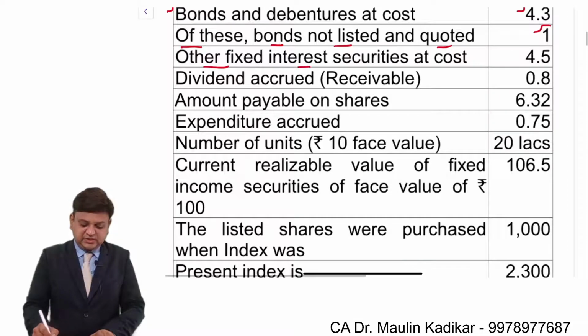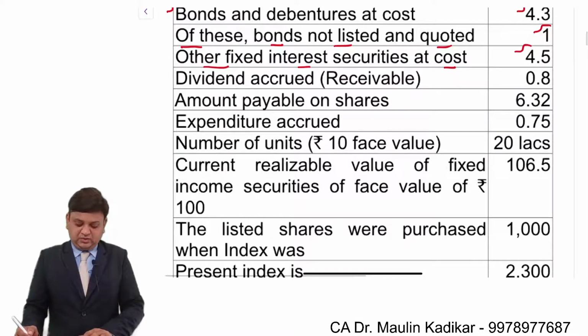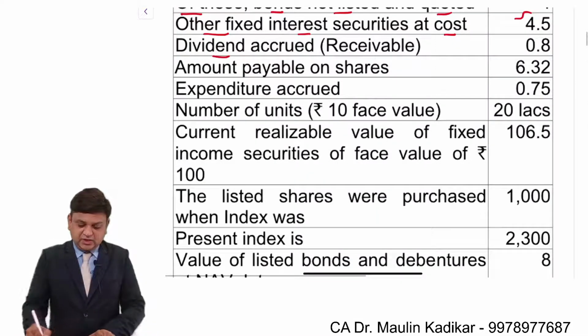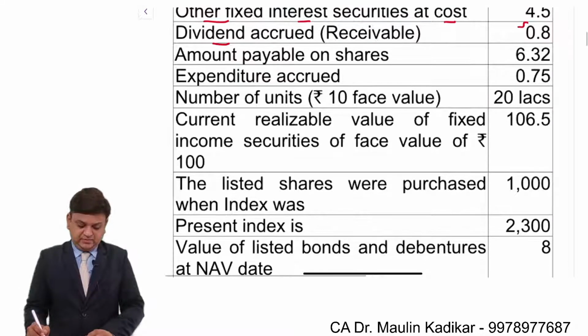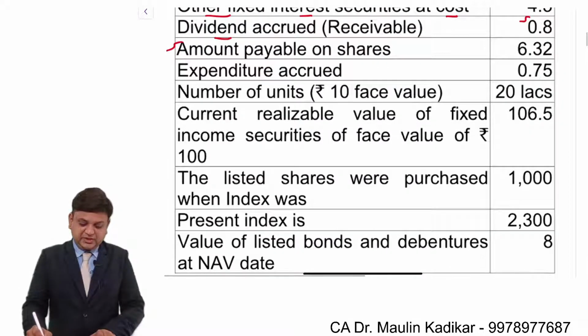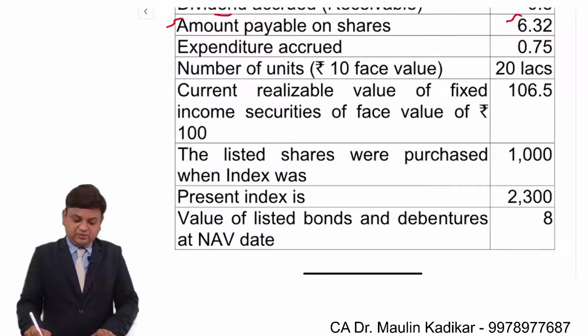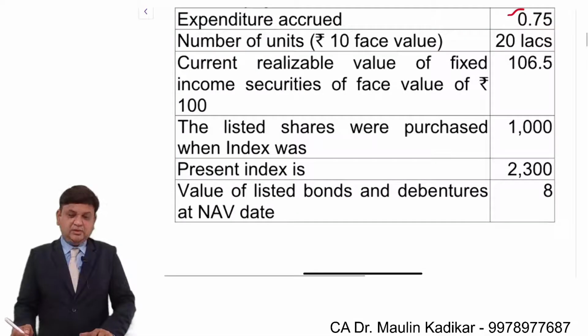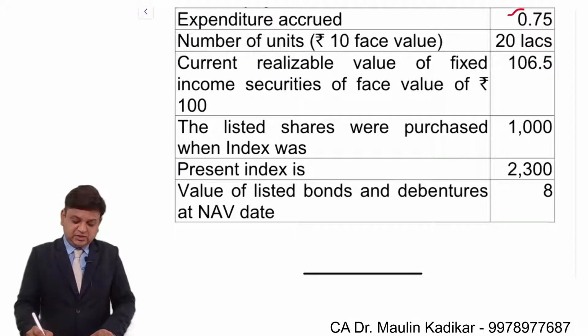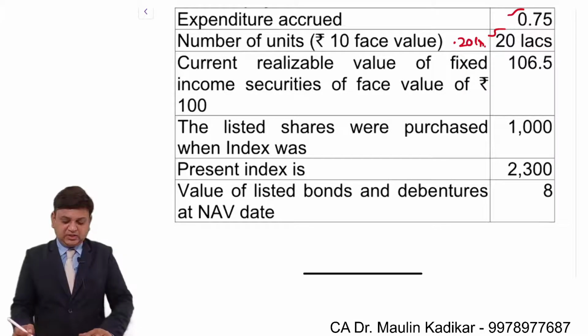Other fixed interest securities at cost 4.5 crore. Dividend accrued 0.8 crore. Amount payable on shares 6.32 crore. Expenditure accrued 0.75 crore. Number of units 20 lakhs, or we can say it is 0.2 crore, because all other things are in crore.